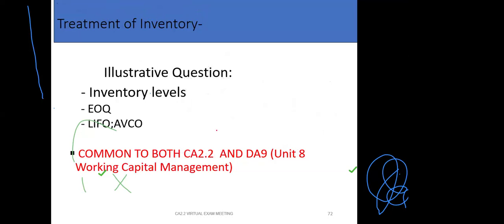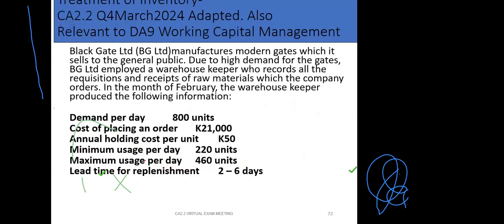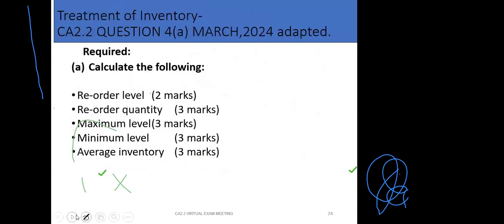Then illustrative questions on inventory levels, on economic order quantity, LIFO, and AVCO. These are common to both CA2.2 and DA9, Unit 8 for DA9, Working Capital Management. The question: if fast track, I take you to the requirements.